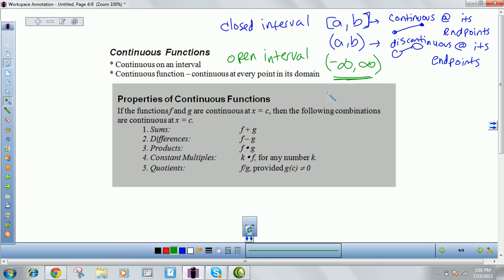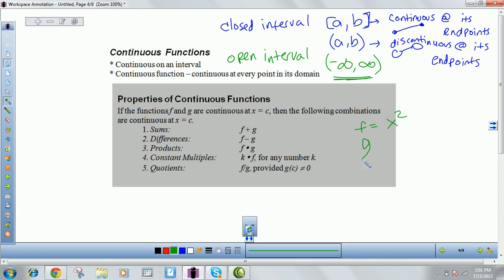That's your domain. Here are some properties of continuous functions. If you know the functions f and g are continuous, then any of the following combinations have to be continuous. So if you take function f and function g and add them, they have to be continuous. So x squared is continuous, and x squared plus 4 is continuous. So let's say f is x squared. x to the third is continuous as well.